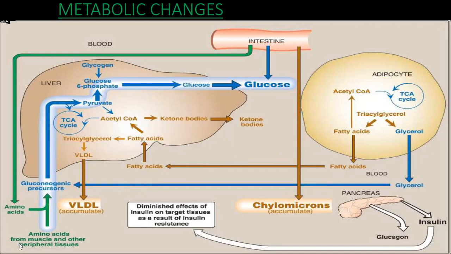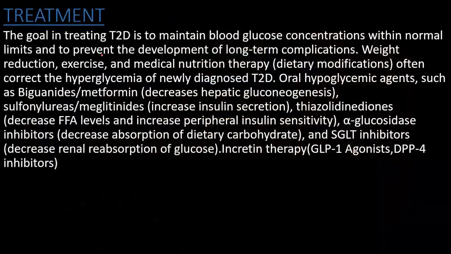Now, what are the treatment options? What is the goal of treating type 2? It is to maintain the blood glucose concentration within the normal range and prevent the development of long-term complications such as the microvascular and the macrovascular complications.